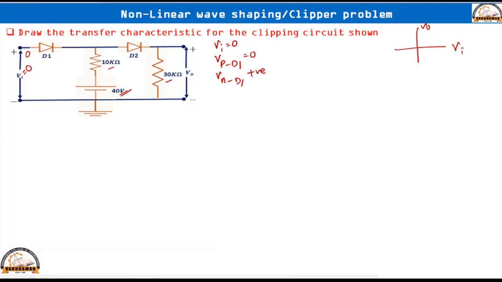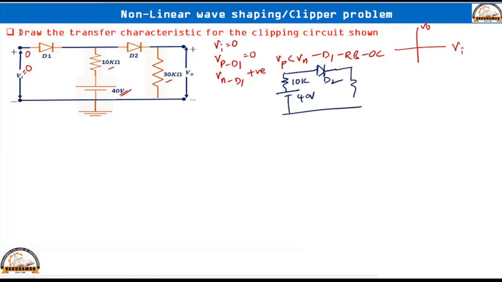That means surely we can tell Vp is less than Vn for diode D1, so diode D1 will go to reverse bias, open circuit. In this situation, if you draw the remaining circuit, there is the 10 kilo ohm, diode D2, the 40 volts DC supply, and one more resistor 30K. We need to take the output across 30K.